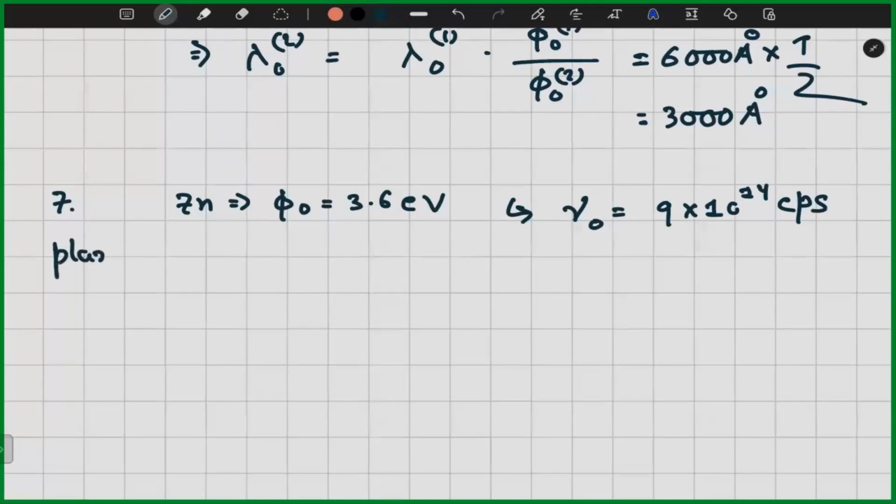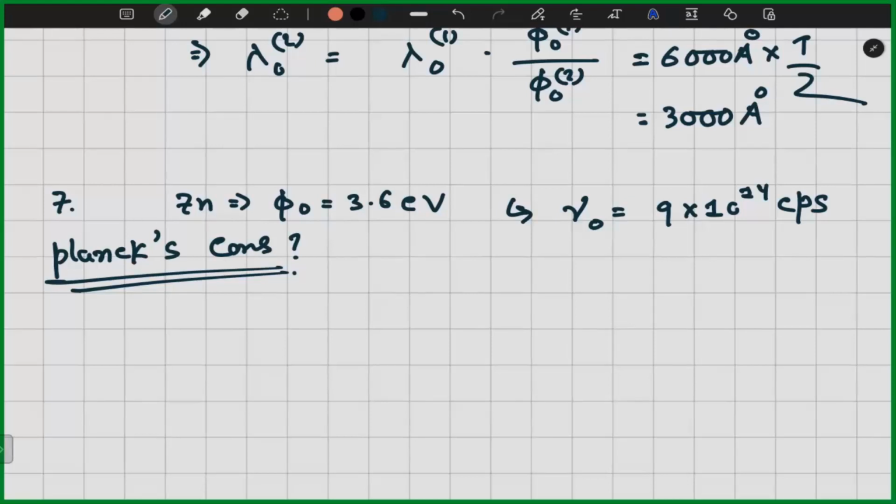What is the Planck constant? Here they have asked, otherwise we know. For this type of question, we can verify our result. And if we remember the value of Planck constant, we can easily put that also. That is not the correct way, but here we can find the Planck constant easily.